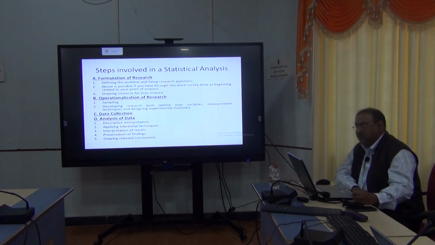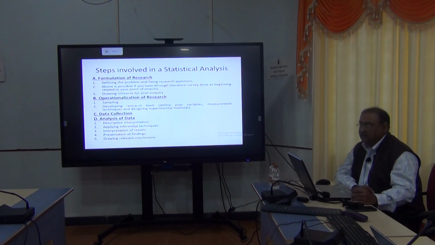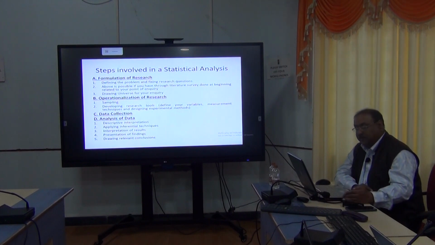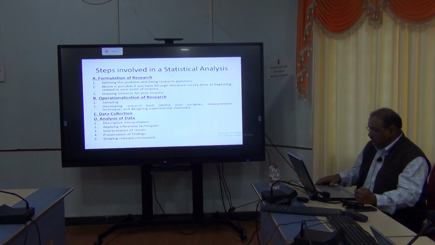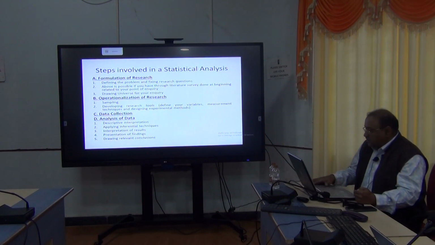We start from the descriptive interpretation, then we use some inferential techniques, where we come across a lot of modeling techniques that start from the one variable scenario to the bivariate scenario to the multivariate scenario. Then we interpret the results and present the findings.